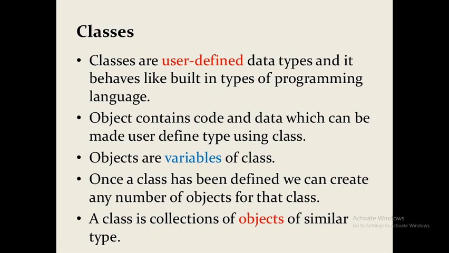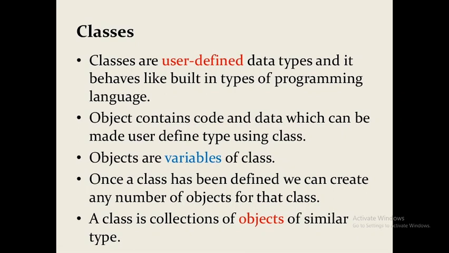Then, in order to access the content of the class, whatever we are writing inside the class, we require objects, because objects are the runtime entity which has access to the content of the class. Objects are also user defined; they are variables of the class, and using these objects one can access the content of the class.